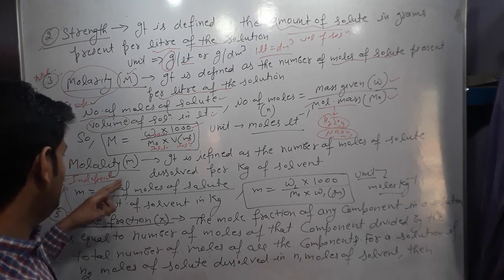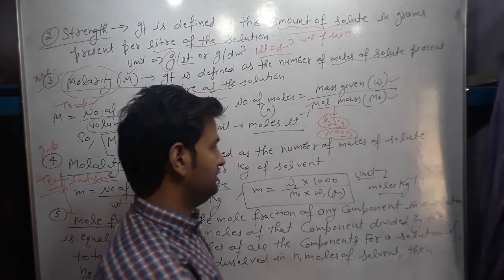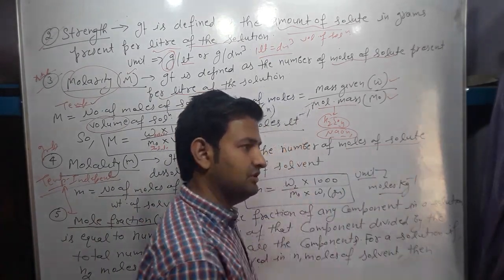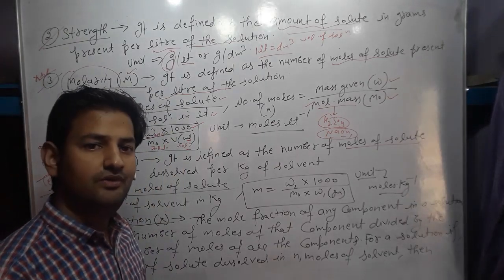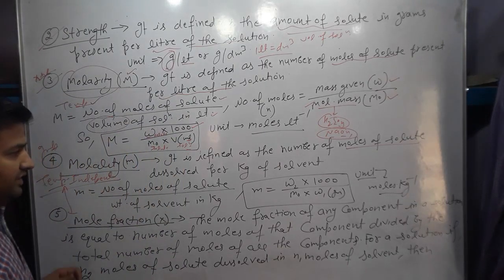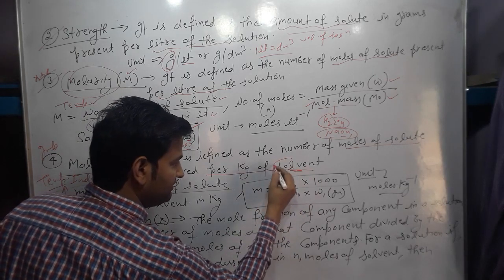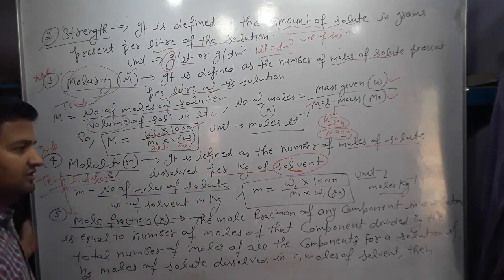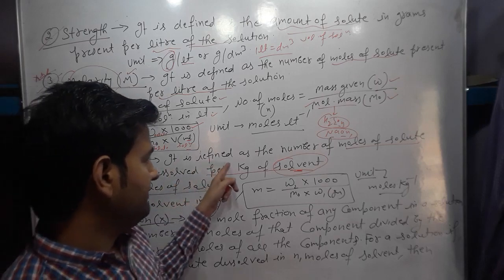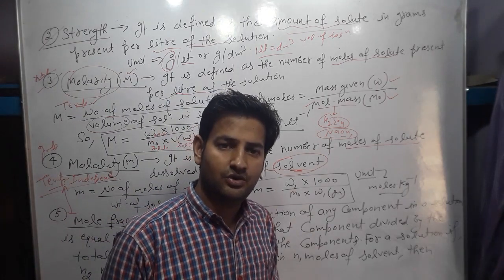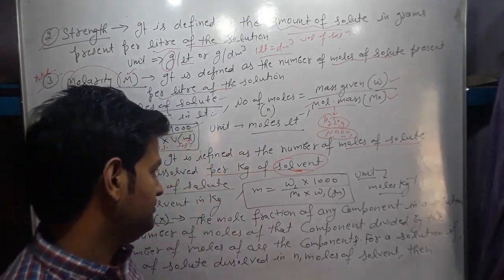temperature. So molality is the number of moles of solute present per kilogram of solvent. Point to be noted, it is per kilogram of solvent, not solution. So it is defined as the number of moles of solute present per kilogram of the solvent.